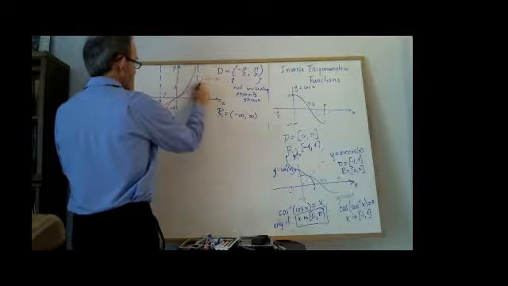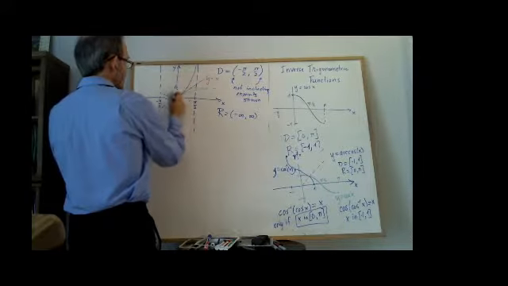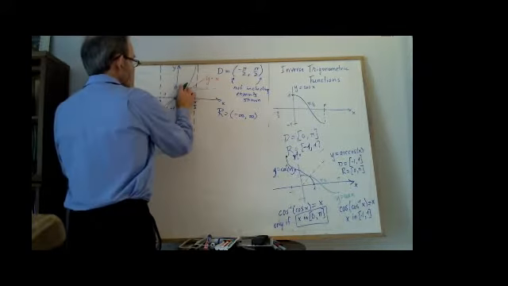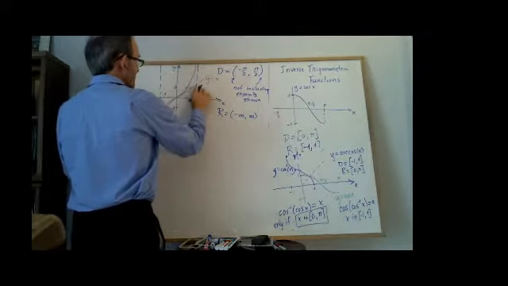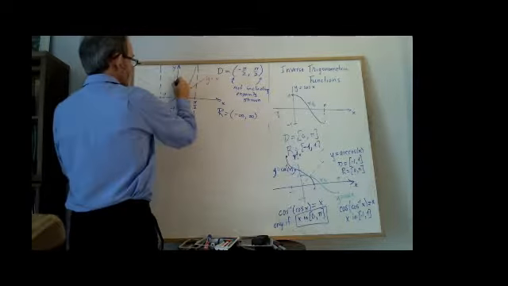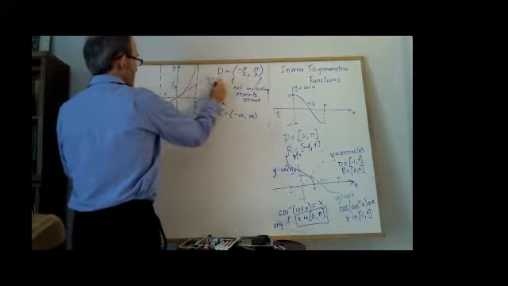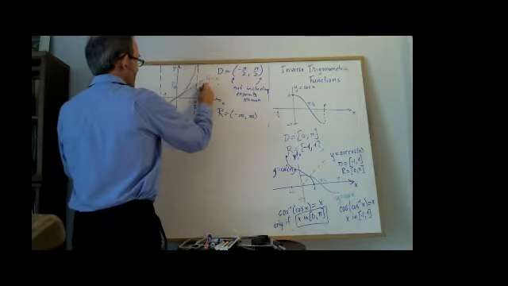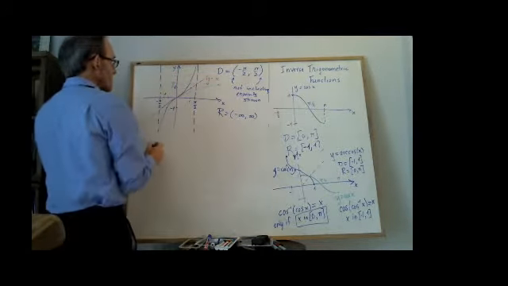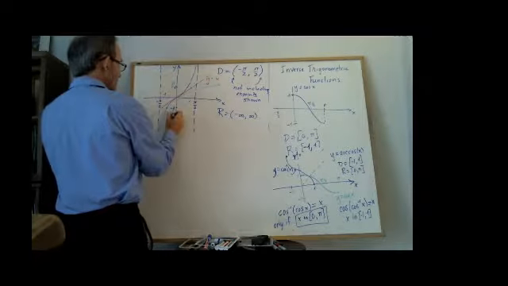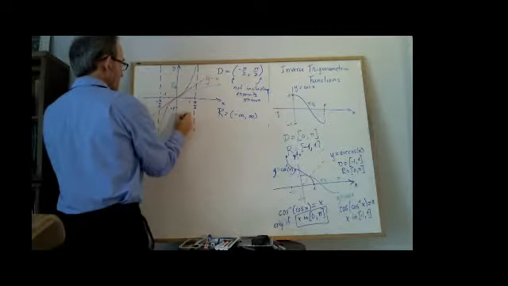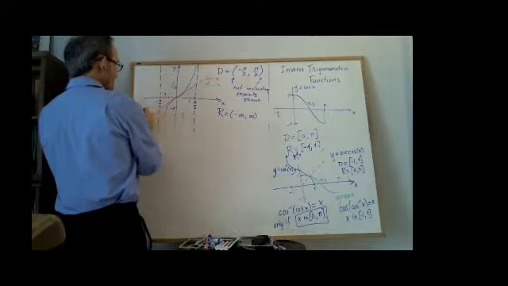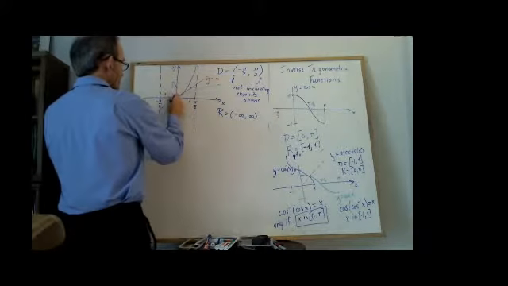It will go towards this. Now this becomes a horizontal asymptote at pi over 2. It's a little bit higher. So this graph will go like this for positive x, and for negative x, it goes to the horizontal asymptote at minus pi over 2.